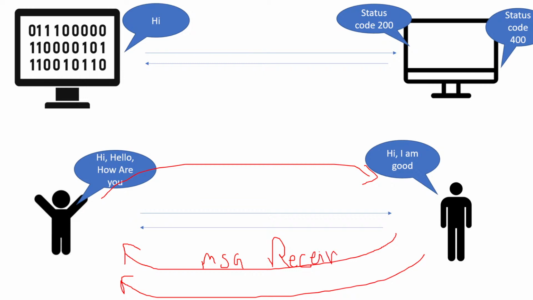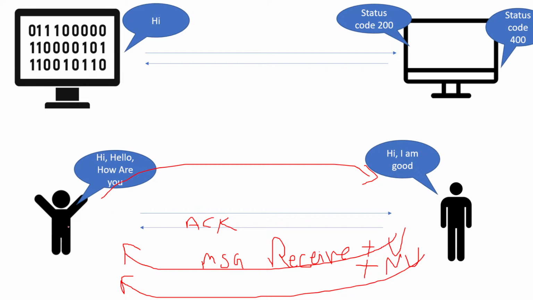If this person is able to understand the message, they will say message received and understood. But if he or she is not able to understand, the acknowledgement is called ACK. What will be the acknowledgement? Message received but not understood. There are two possibilities.